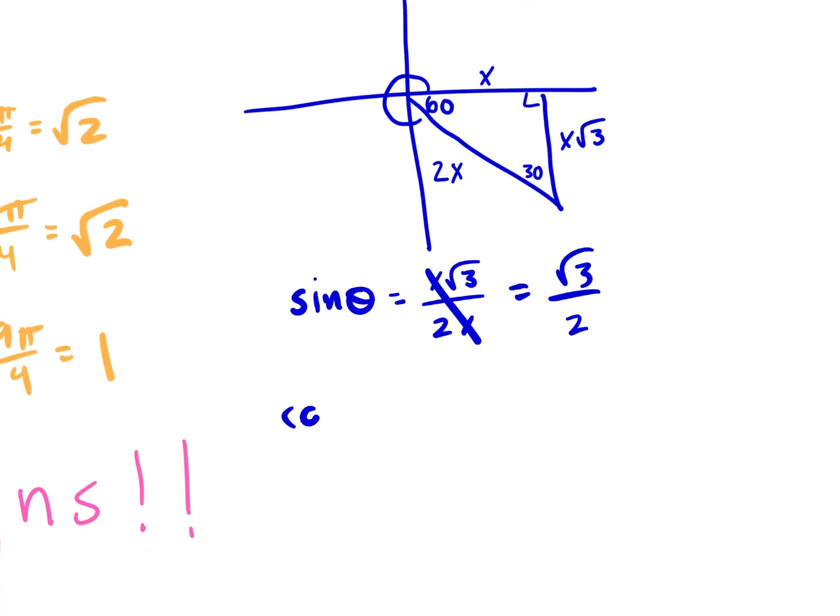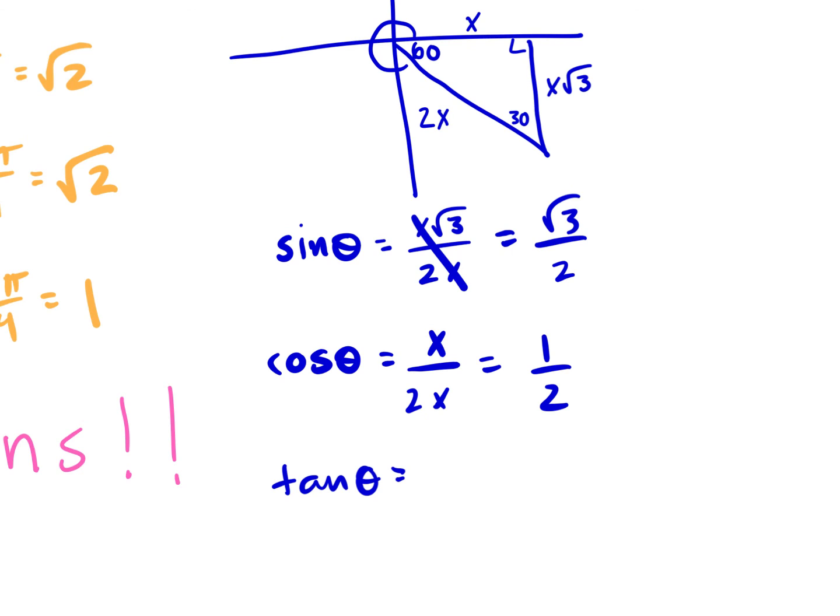Next, we have cosine. So cosine is the adjacent over hypotenuse. So x over 2x, which simplifies to 1/2. Then tangent would be opposite over adjacent, so x square root 3 over x, which would just be square root 3.